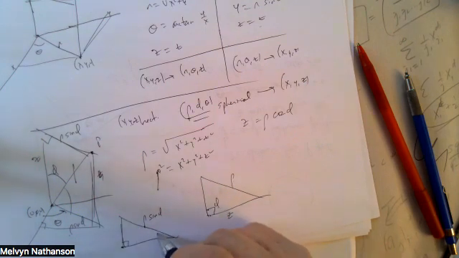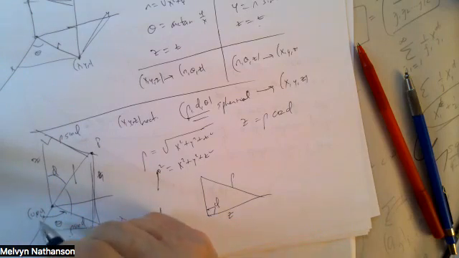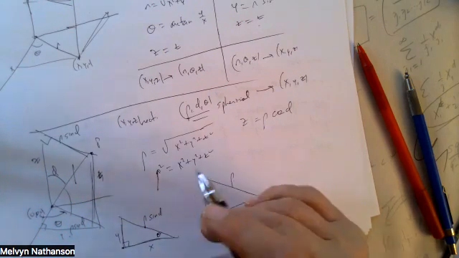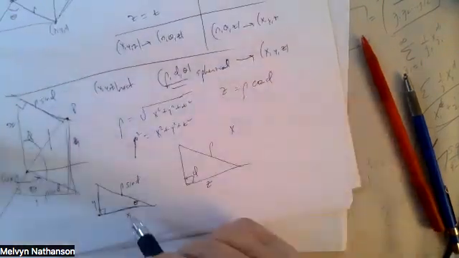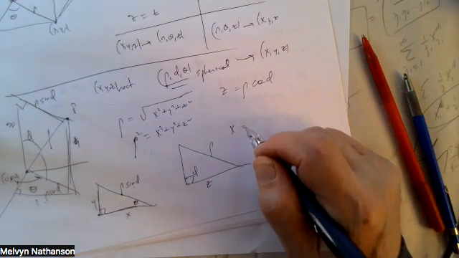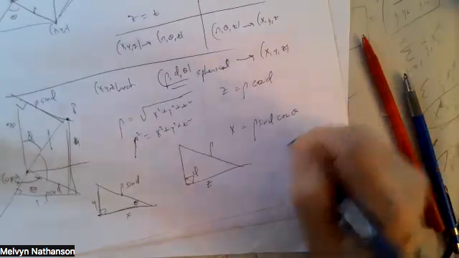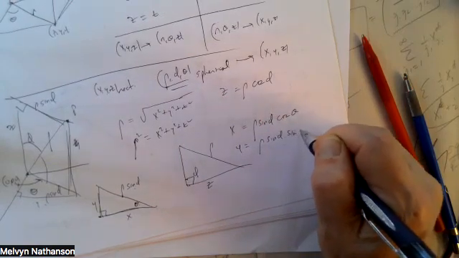This is my angle theta. So this is x and y. So the cosine of theta is x over rho sine phi. So x is equal to rho sine phi cosine theta, and y is rho sine phi sine theta.